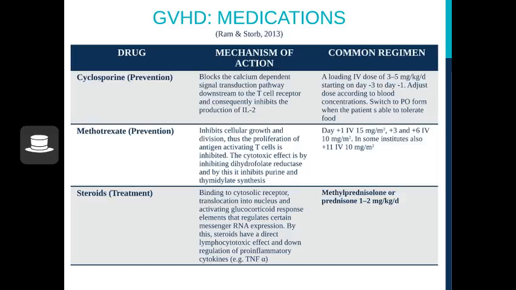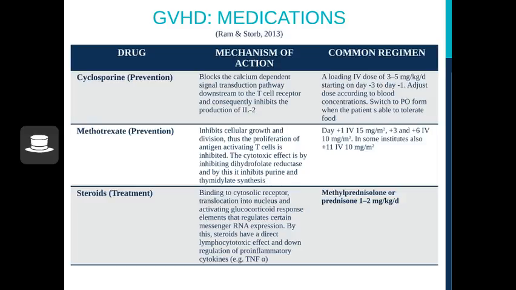Methotrexate inhibits cellular growth and division. Thus, the proliferation of antigen-activating T cells is inhibited. The cytotoxic effect is by inhibiting dihydrofolate reductase, and by this it inhibits purine and thymidylate synthesis.